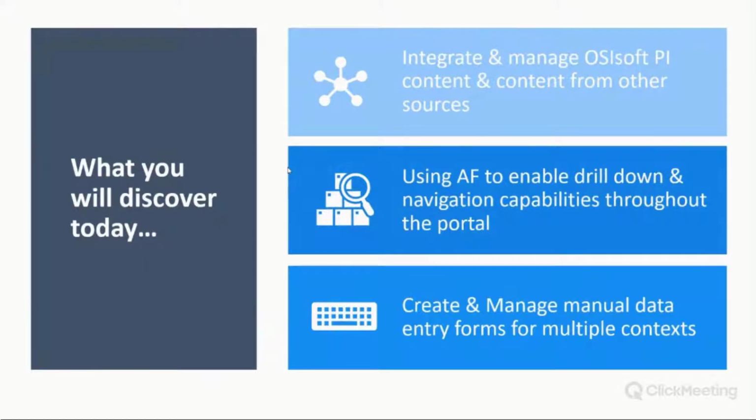Today, you'll hear about how we integrate into the OSIsoft Pi system and how we can manage many different sources of content. You will discover also how we use AF to drill down into information as needed throughout the portal. And finally, you'll see some examples as well of how we create manual data entry forms for multiple contexts.